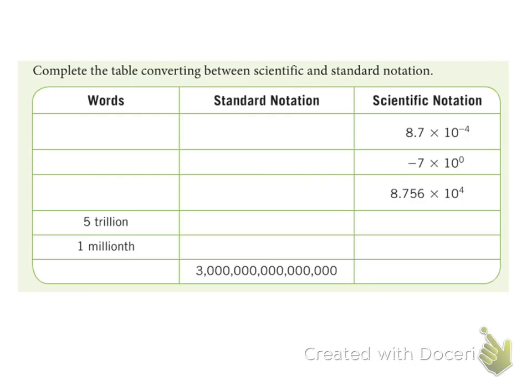To the left 4 times. Exactly. So our digits that we're starting with are 8, 7. Now the decimal point started out between the 8 and the 7, so moving in front of the 8 would be 1, 2, 3, 4. So there should be 3 zeros between the decimal point and the 8. Any questions so far?